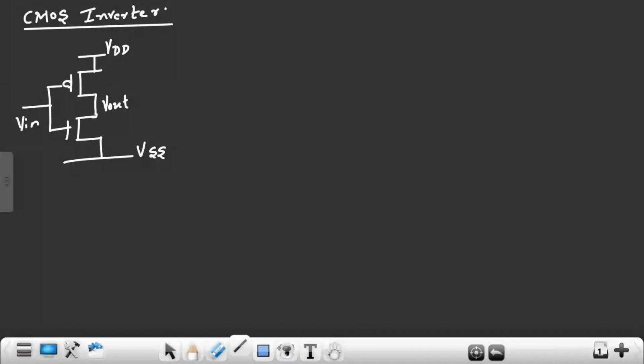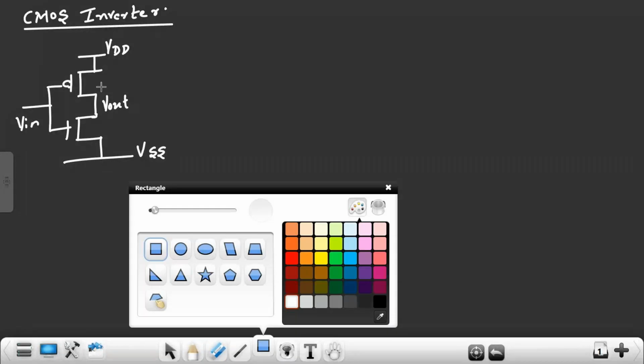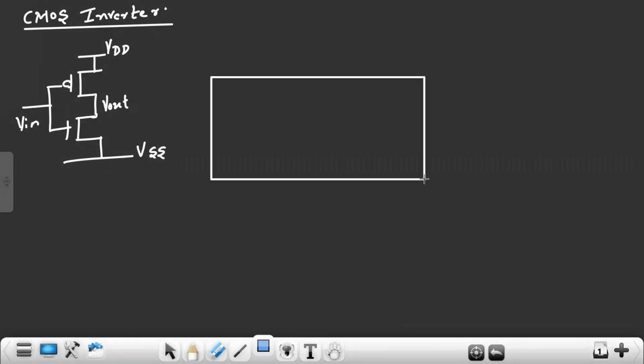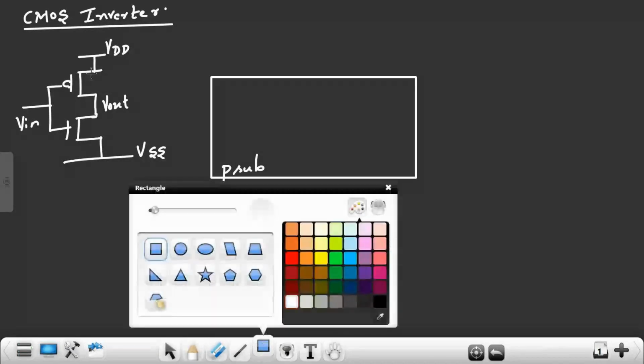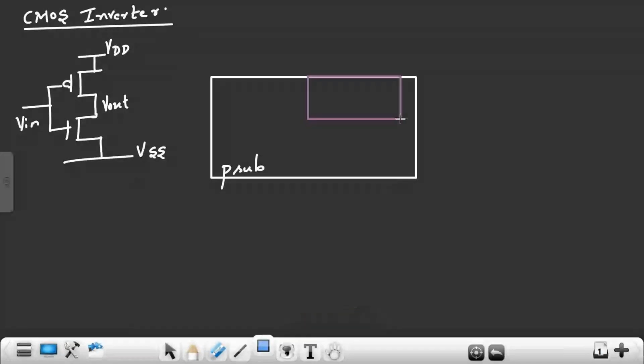If I draw the structure of this CMOS, first we are going to form the P substrate. I think everyone has gone through your CMOS classes. First you have the P substrate. In the P substrate I cannot form the PMOS, so I'm going to put an N well.